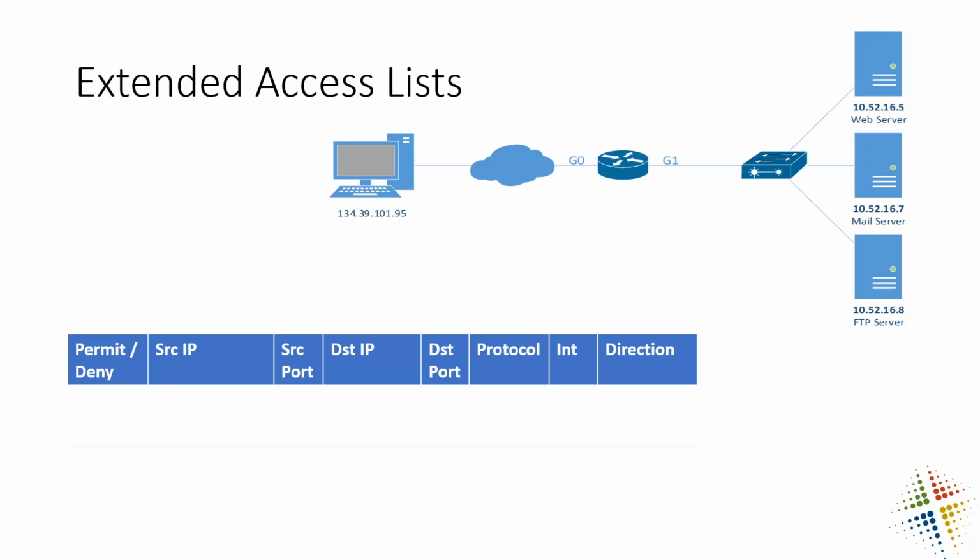Now let's say that I want this client to be able to reach this web server out here. Well, if we follow the network traffic, if we just kind of draw out what's going to happen here, traffic is going to go kind of like this. It's a web server, so it's probably going to be on port 80 or 443. I'm keeping it simple here. I'm just saying 80.